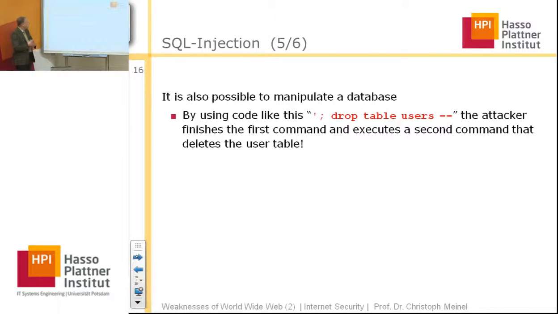It is also possible to manipulate a database. And here the idea is by using code like drop table users minus minus. Here the attacker finishes the first command and then executes a second command, and the second command is to delete table entries.